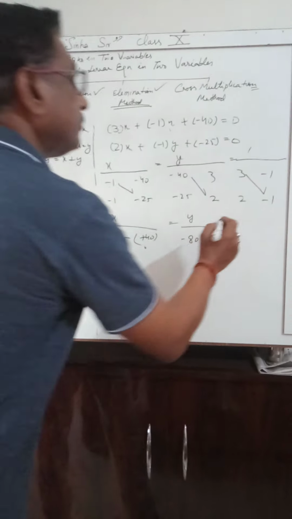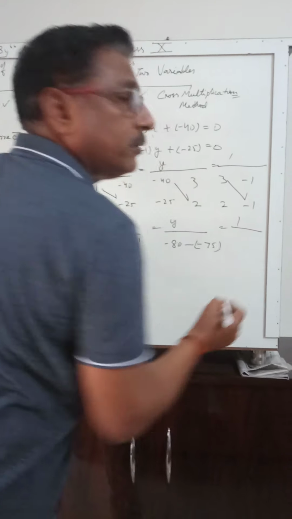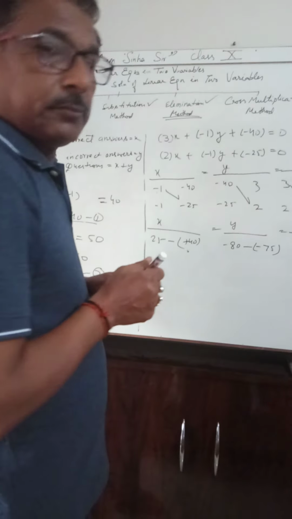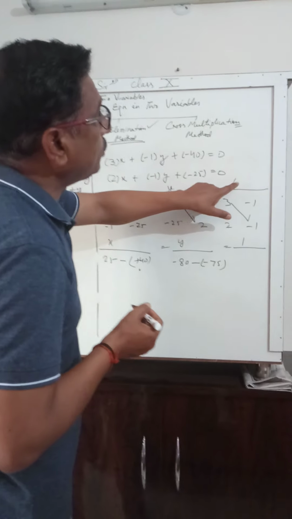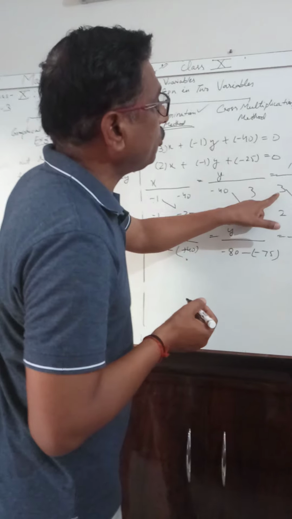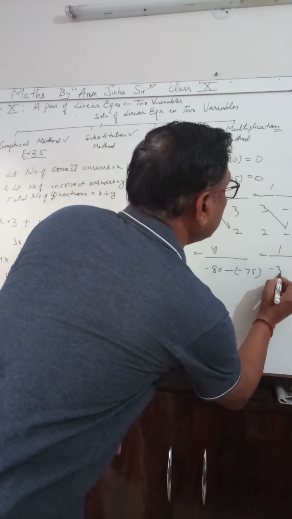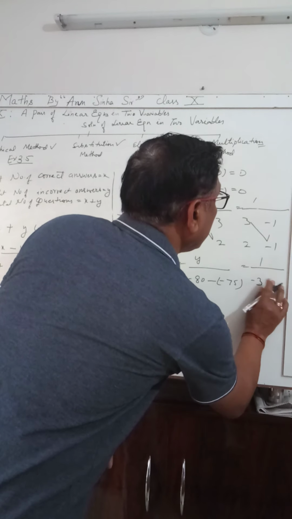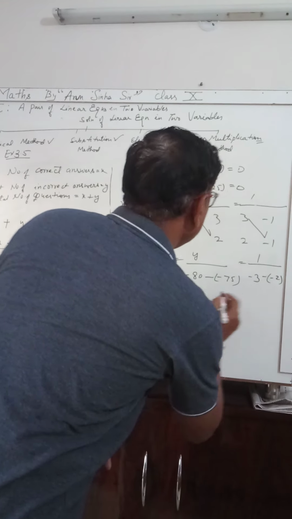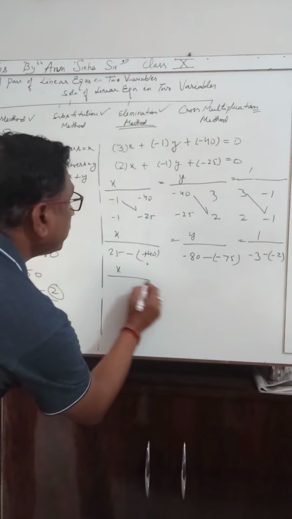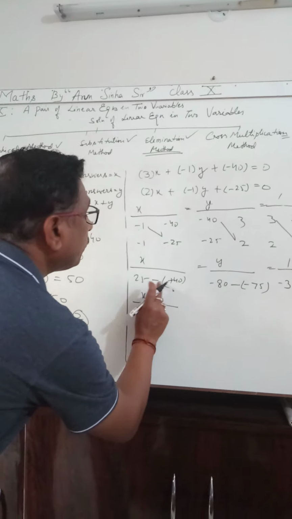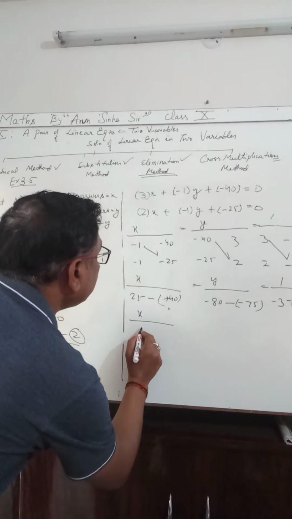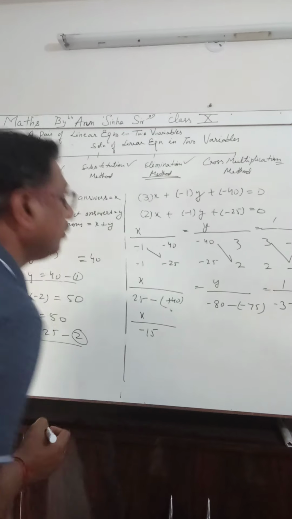This side 1 upon the determinant. Now 3 into minus 1 is minus 3, and 2 into minus 1 is minus of minus 2. Solve one more step: 25 minus 40. What you get, children? That is minus 15.